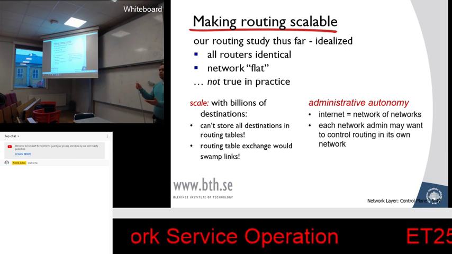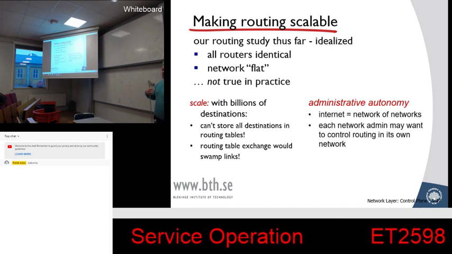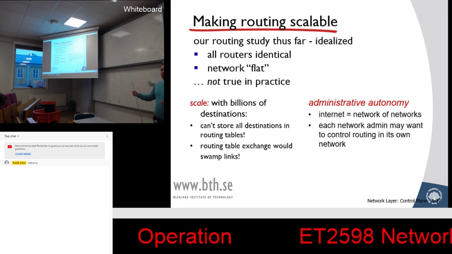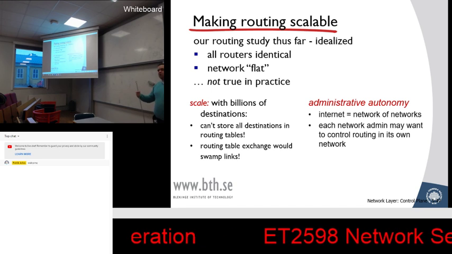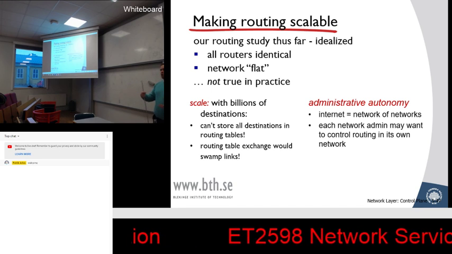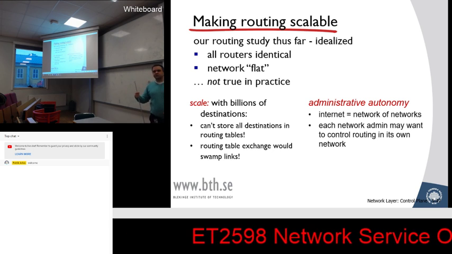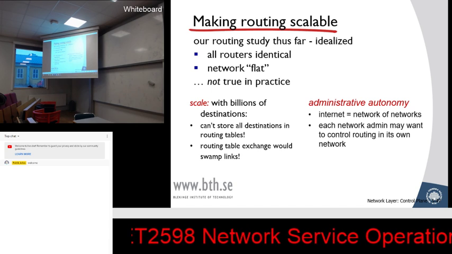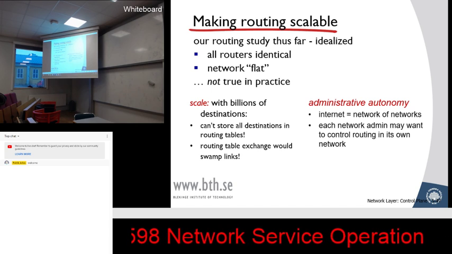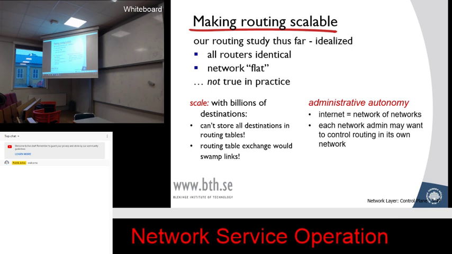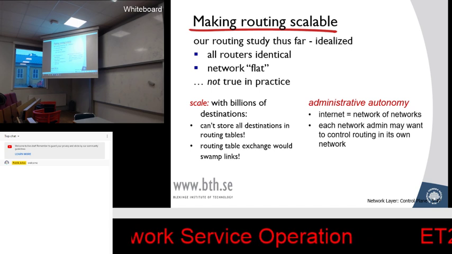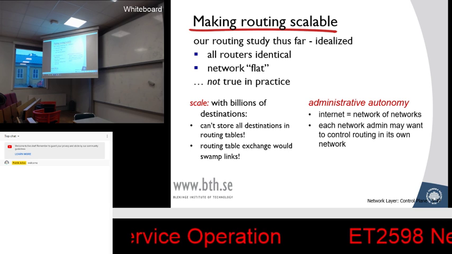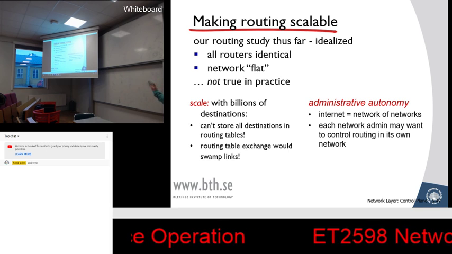Similarly, if the routing protocol has to build an optimized routing entry, the more networks or hosts you need to track, the more complicated your optimization will become. So we want to keep it as small as possible. Possibly we can have millions or billions of destinations. We cannot store that in our tables.